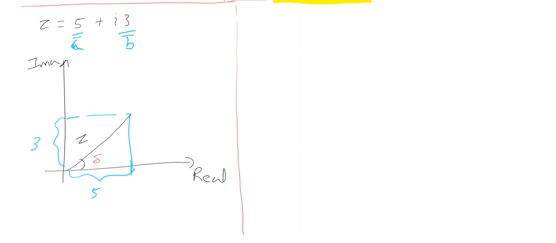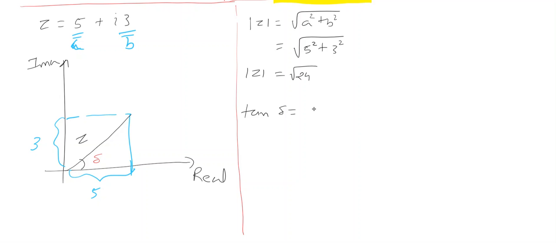Now I know that mod z is under root of a square plus b square. So in this case, it is under root of 5 square plus 3 square, that is root 34. And tan of delta is opposite by adjacent or imaginary part by real part. Okay, so delta is tan inverse of 3 by 5.